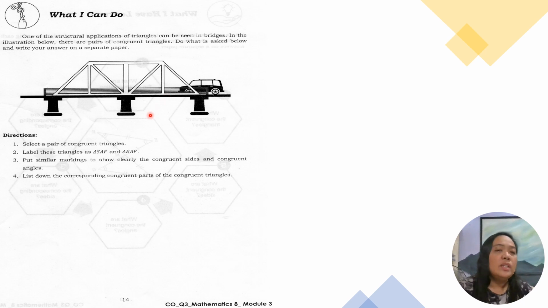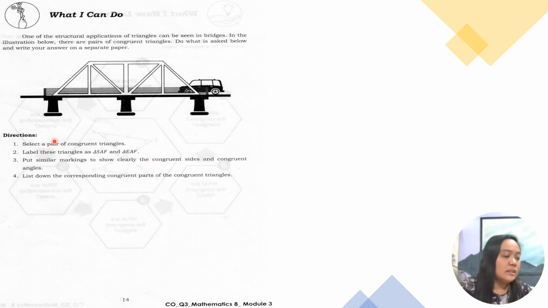In the illustration here, there are pairs of congruent triangles. Please be observant and see which pairs here are congruent triangles. Do what is asked in the directions here.